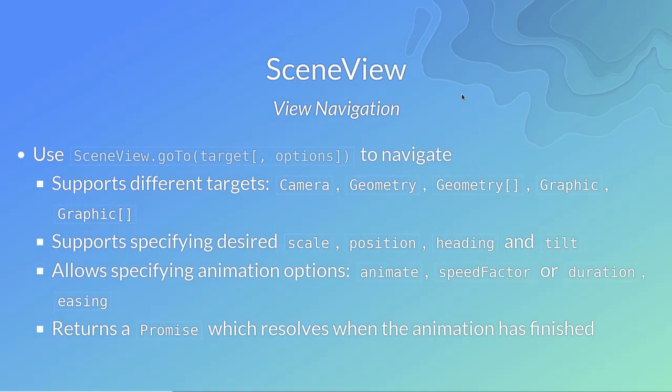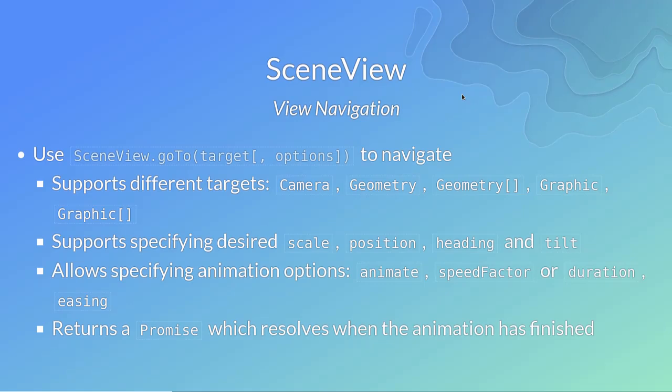All right, so programmatic view navigation with the SceneView go-to allows you to do many things, and one of them is to bring the camera to different targets, like another camera or a geometry or a set of geometries, which will make the camera frame all of those geometries, a graphic or a set of graphics, again, framing all those graphics.